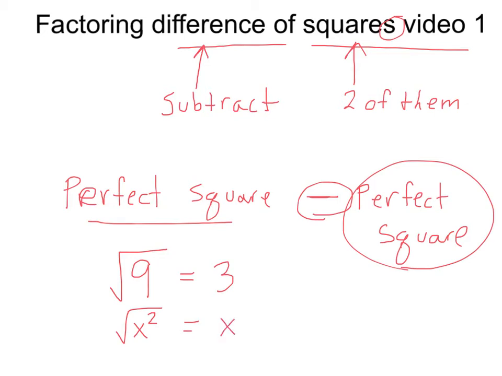X. It didn't provide me with a decimal, did it? Is 11 a perfect square? The square root of it is a decimal, right? So 11 is not a perfect square. So if you have a perfect square and then a minus sign and then another perfect square, then you have a difference of squares.